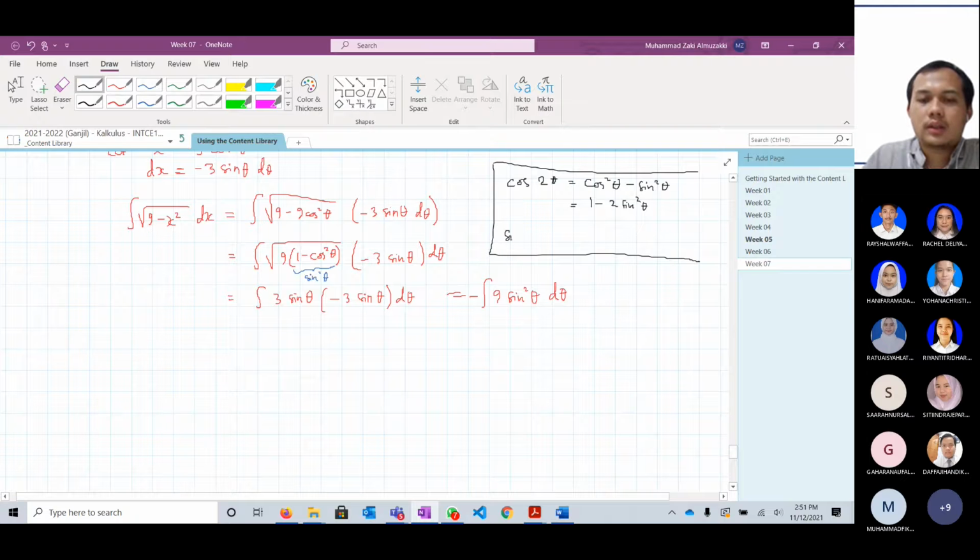Then sine squared theta is half of 1 minus cosine 2 theta.